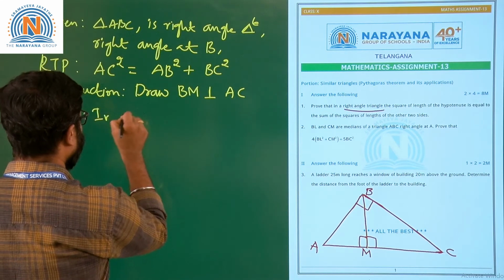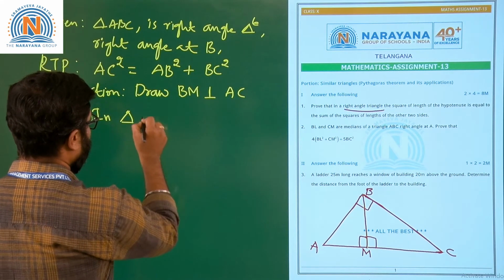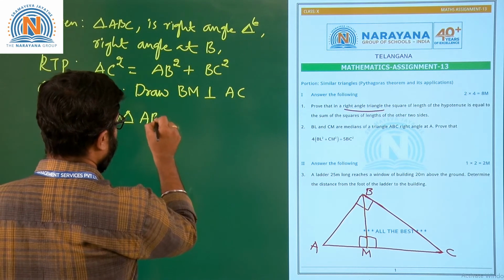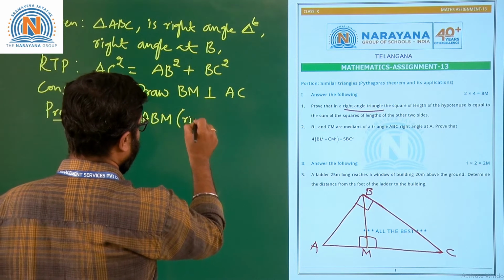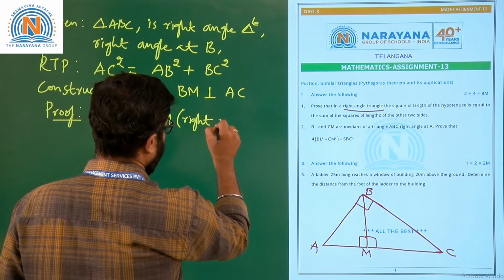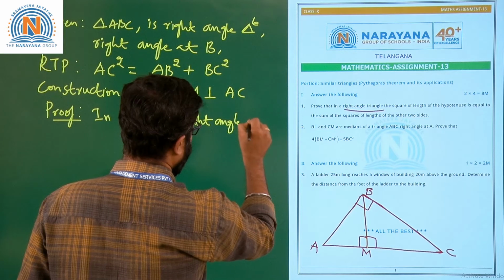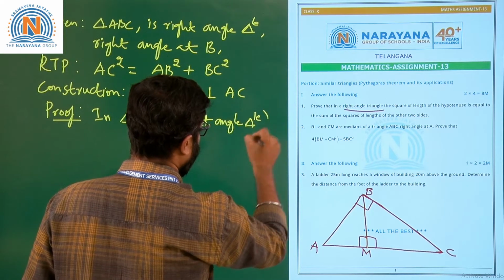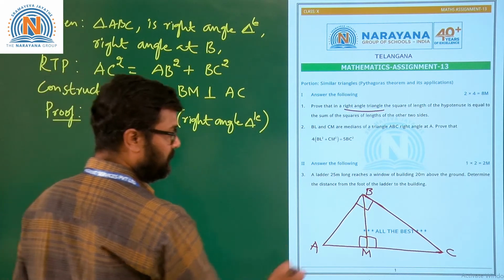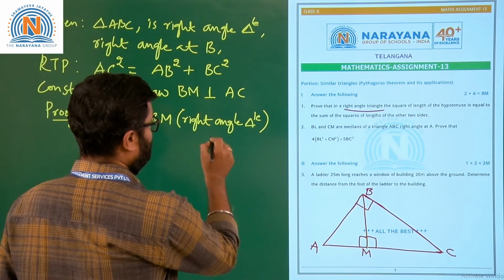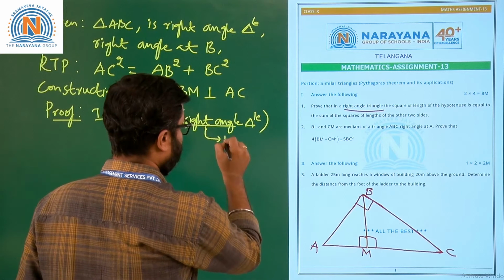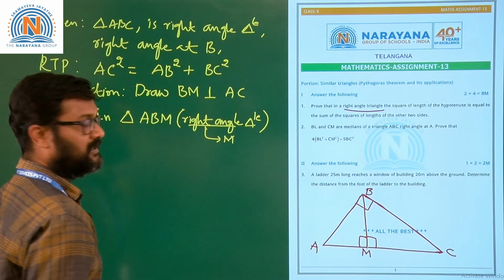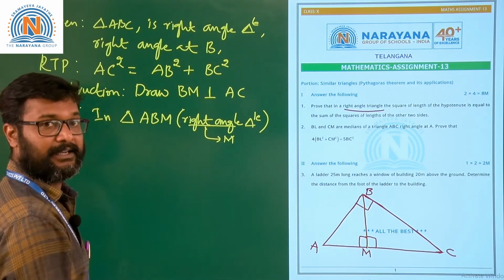In triangle ABM, which is a right angle triangle, the right angle will be at what, children? At M. So it is a right angle triangle with the right angle at M.